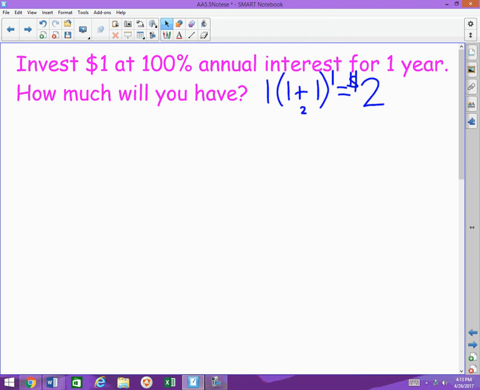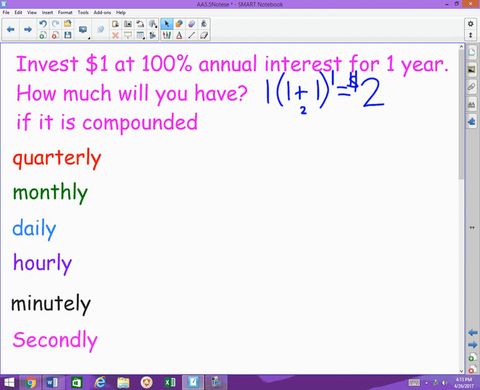Well, now what happens if we take that and we compound that 100% interest rate? And we do it in all of these different ways: quarterly, monthly, daily, hourly, minutely, and secondly. Well, if we were to do this quarterly, we would have 1 times 1 plus 1 over 4 to the 4th power.